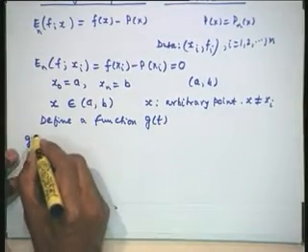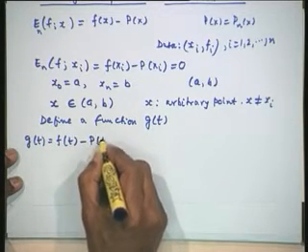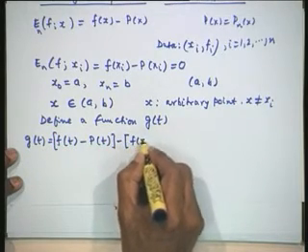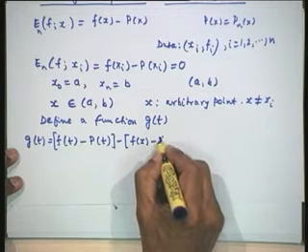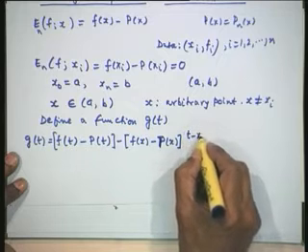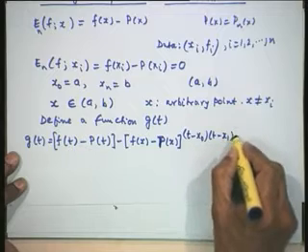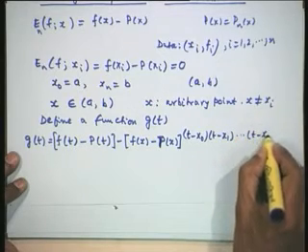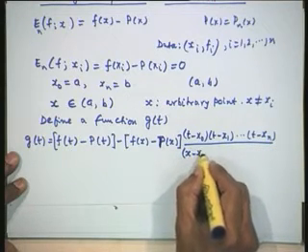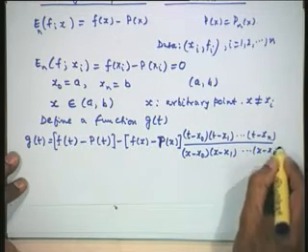I will write g(t) is equal to f(t) minus p(t), let us put it in a bracket, minus (f(x) minus p(x)) into (t minus x0)(t minus x1)...(t minus xn), divided by (x minus x0)(x minus x1)...(x minus xn).